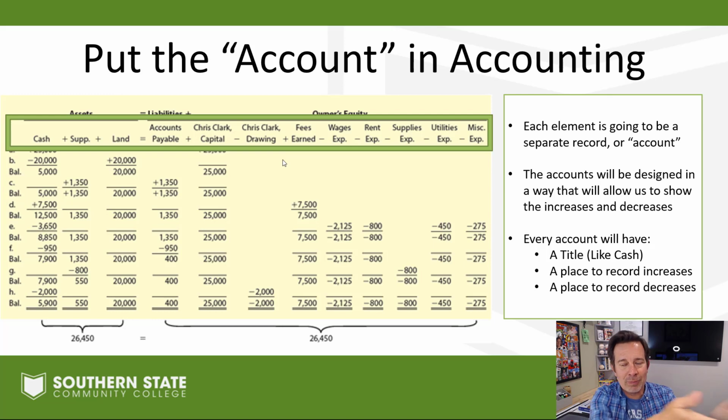Remember, with the accounting equation we were plugging transactions in and putting pluses and minuses to show whether things were added or taken away. We're throwing out the pluses and minuses. We're going to make the accounts so that we can tell if it's going up or down just by looking at it, without a plus or a minus. So every account we make is going to have a title, a place to record the increases, and a place to record the decreases. And we're going to start looking at things by account instead of just plugging everything into the accounting equation.